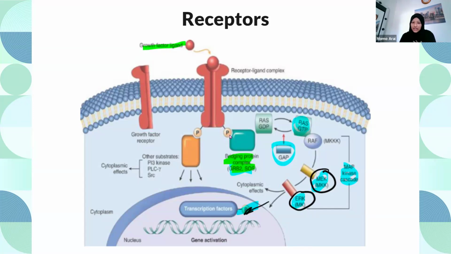It will phosphorylate itself and recruit other signals such as RAS or RAF, which is again involved in MAP kinase. These are other kinases downstream. You don't need to know the names of them; he didn't mention them too much, but the names are the most important part. Is that clear?